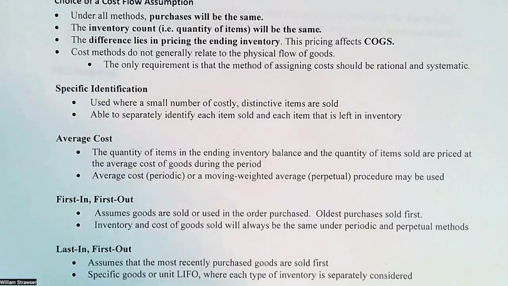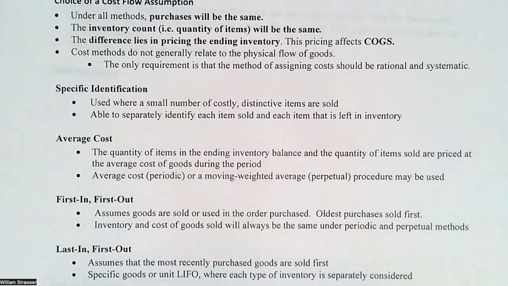Under all of these, the purchase accounting doesn't change. So everything we just talked about to this point, that doesn't change. What changes is what I would record in cost of goods sold, and the credit would be to the inventory account. The quantity of items that I'm selling, the quantity of items I have, same, right? All we're changing is the dollar value on a particular quantity.